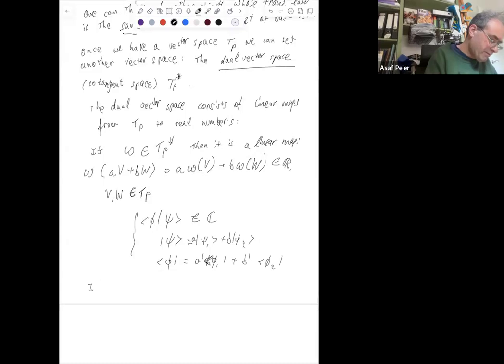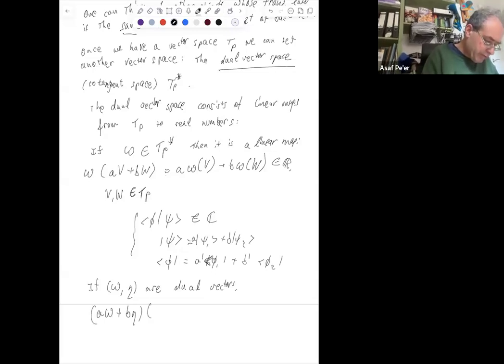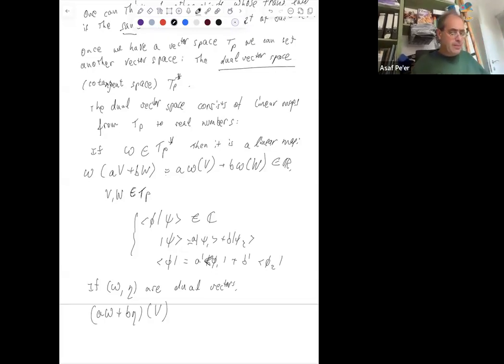So if omega and eta are dual vectors, covectors, dual vectors, all the same words, then a omega plus b eta operating on V, because these are linear maps, is just a omega operating on V plus b eta operating on V.